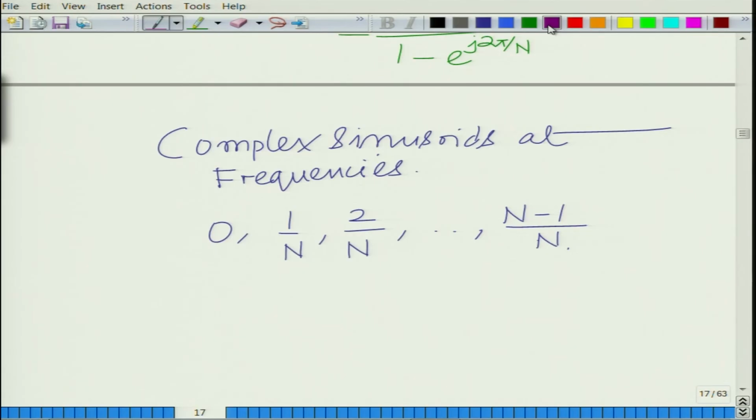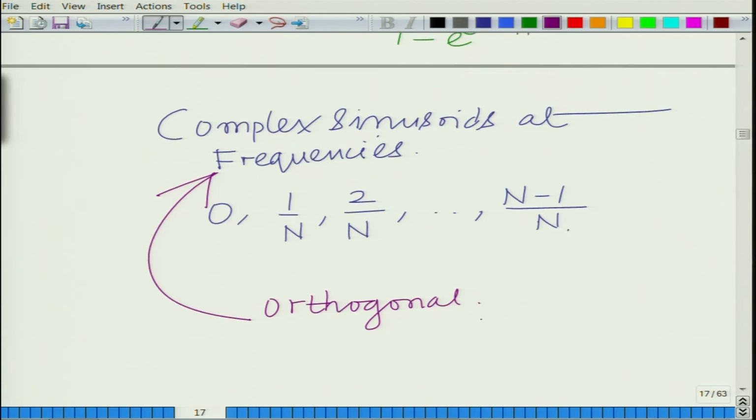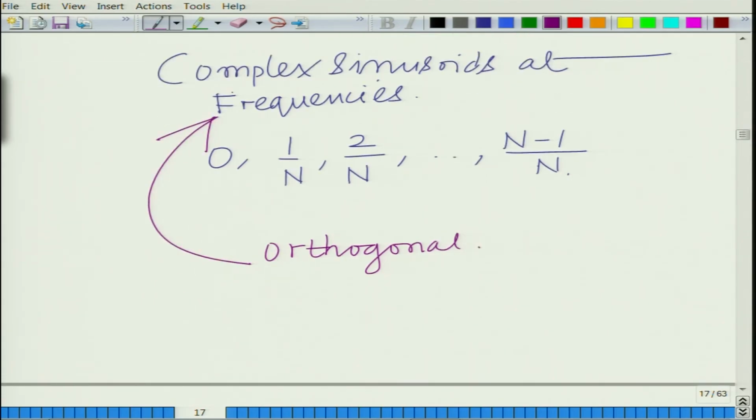Complex sinusoids at these frequencies, these are orthogonal. And this property, this orthogonality of these complex sinusoids, is extremely important in Fourier analysis. This forms the basis of all Fourier analysis, right.